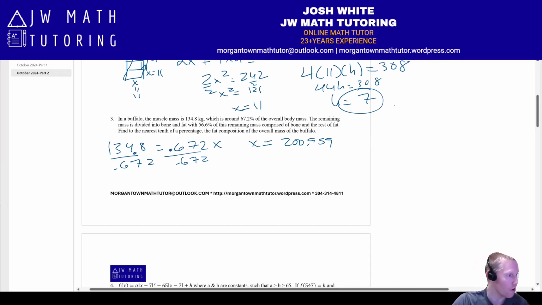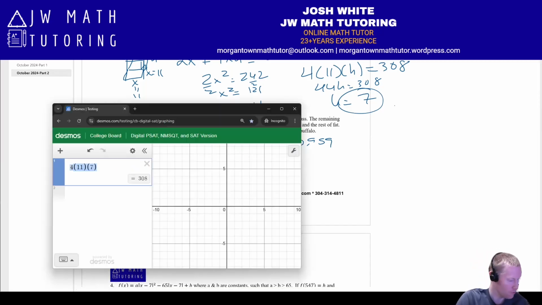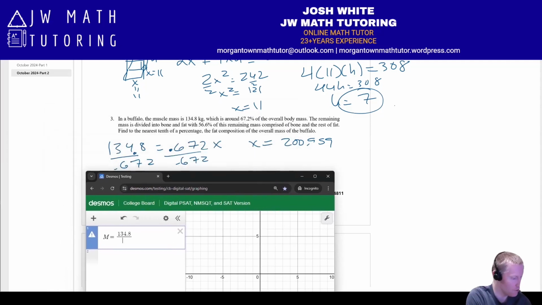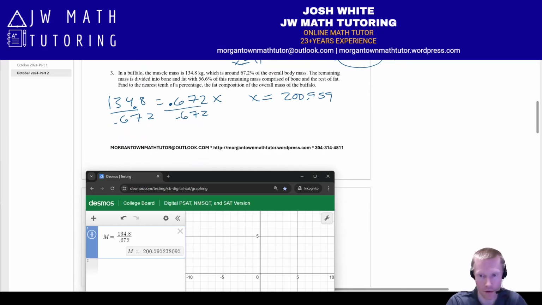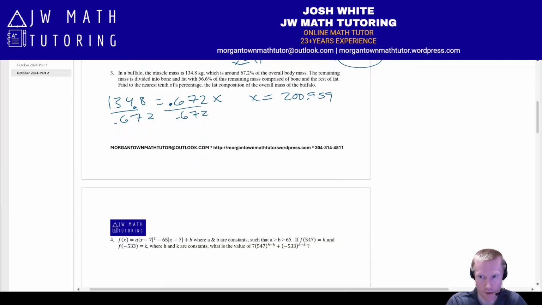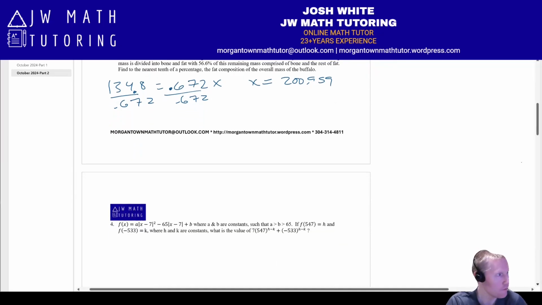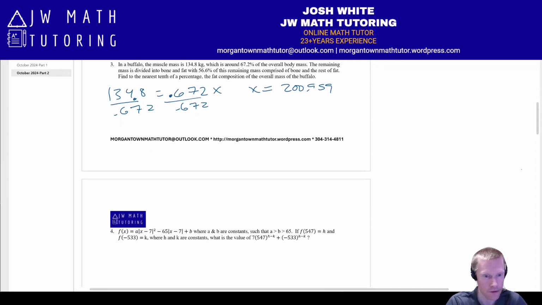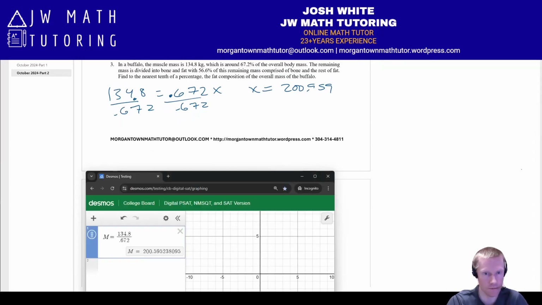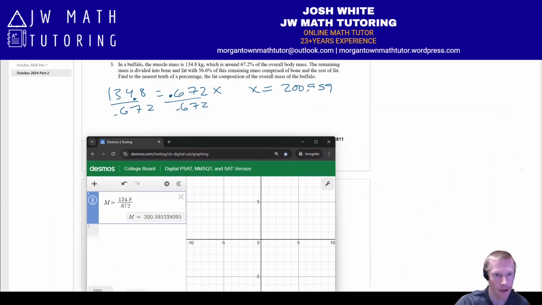All right, so the overall mass, which I'm going to call M, is going to be equal to 134.8 divided by 0.672. All right, so we have it right there. Let me also scroll up so it's a little easier to see. Okay, next.